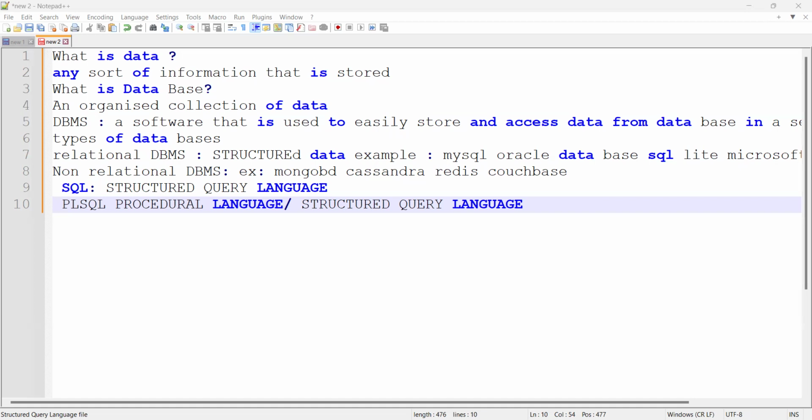And for that interaction, we need SQL, a language for that. It's drawing a picture in my mind.